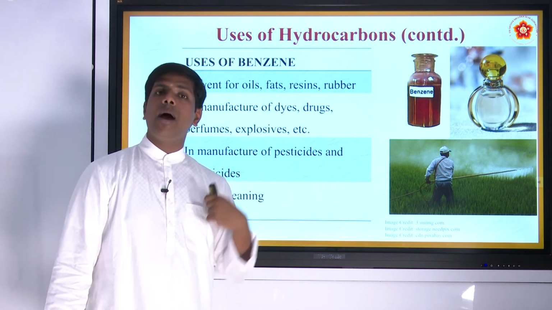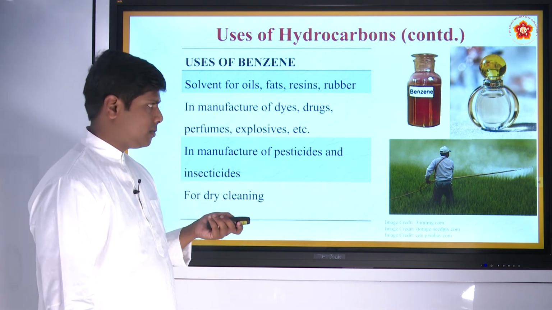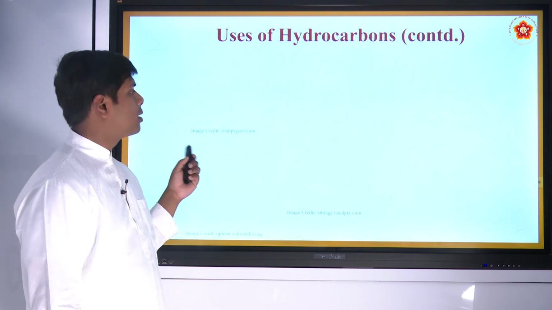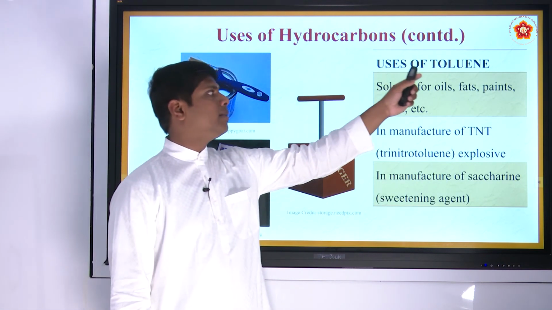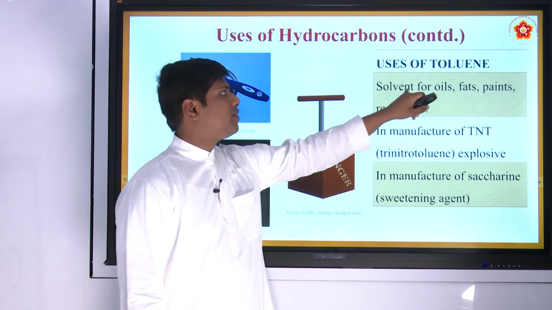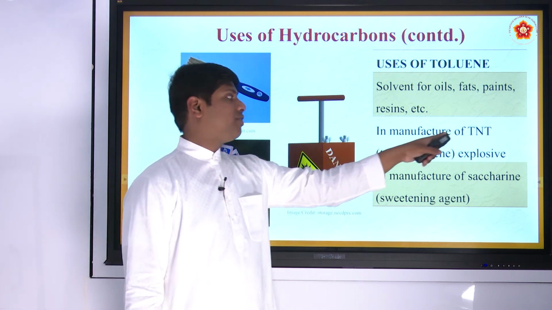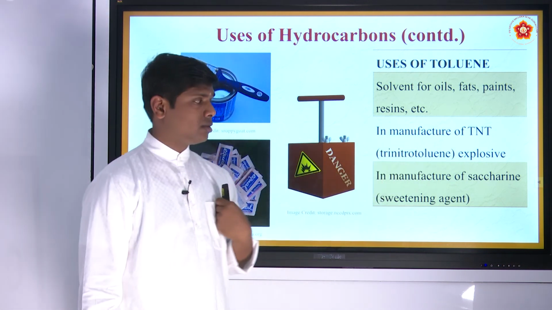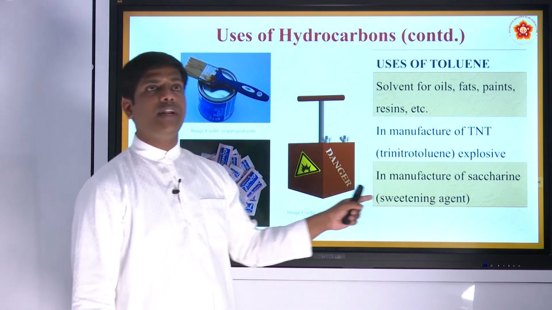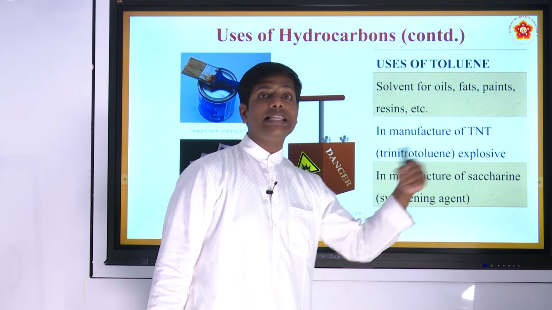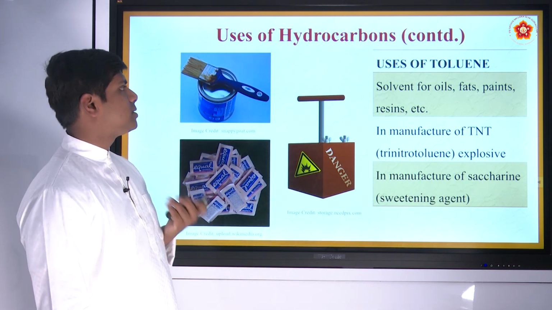Next, uses of toluene: solvent for oils, fat, paints, resins. In manufacture of TNT, a very explosive. In manufacture of saccharin, an artificial sweetening agent.